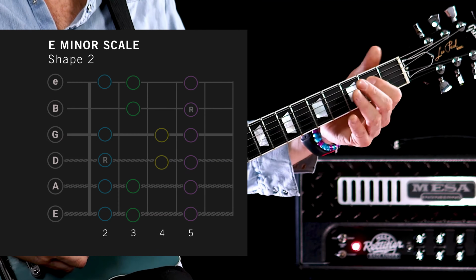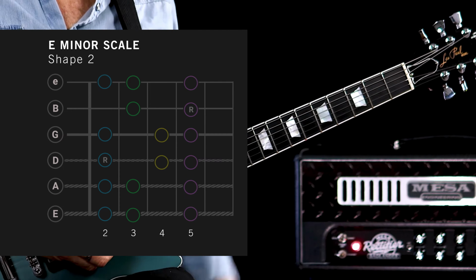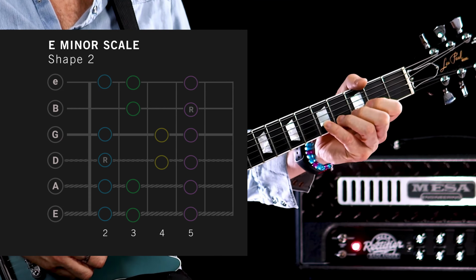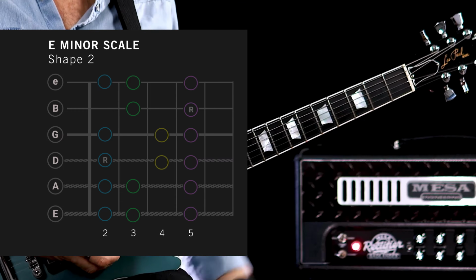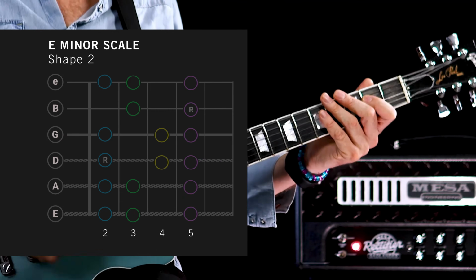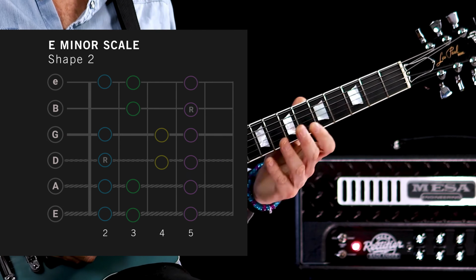Talking about root notes, let's just look at the root notes of this shape. We have a root note on the 2nd fret D, and we have a root note on the B string. Okay, so the shape itself, let's look at just playing between the 2 root notes.